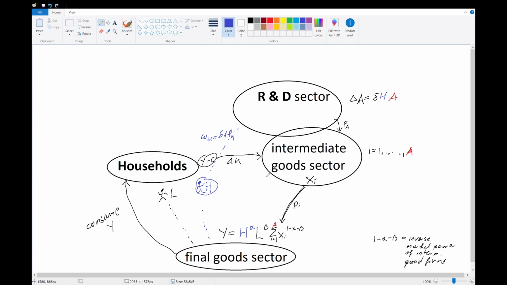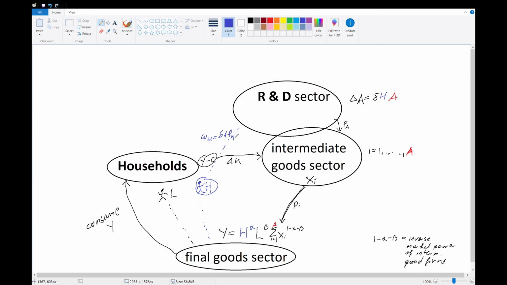However, there's a countervailing force here. Why? Because if we have market power as a monopolist in the intermediate goods sector, what incentive does that give us? It gives an incentive to invest more into more designs. Where does that come from? Well, we can charge a higher price, so we'll be able to buy a design at a higher price PA.